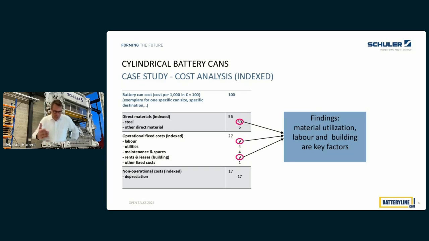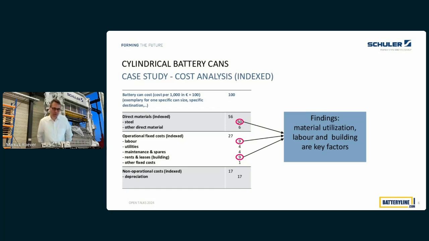We made an index, so these are not euros, these are percentages. And it's easy to see that the raw material, in this case nickel-plated steel, is a big topic for the product cost, followed by labor. This was a customer in Europe, I have to say. Also the construction cost for the new building was a big impact, followed by other direct materials.